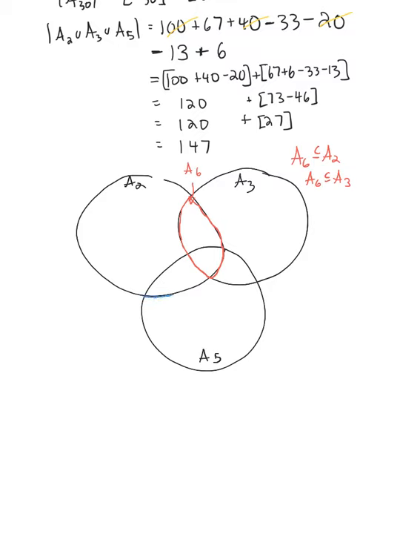So this region here, this is A2 and A5, so this is A10. And this region here, in green, this is A15.